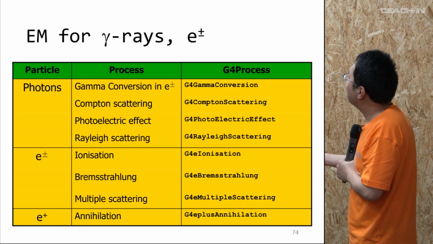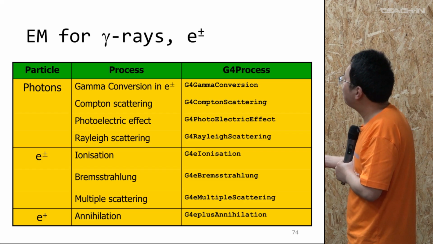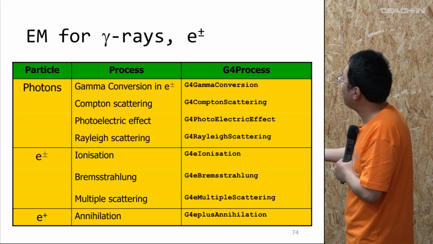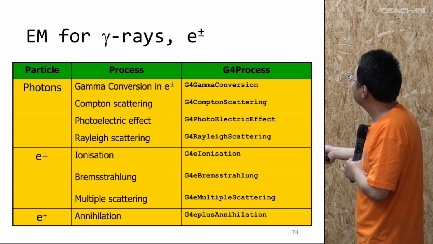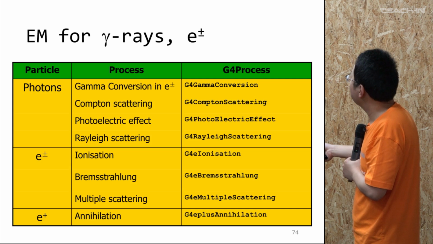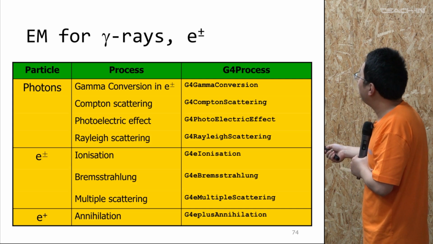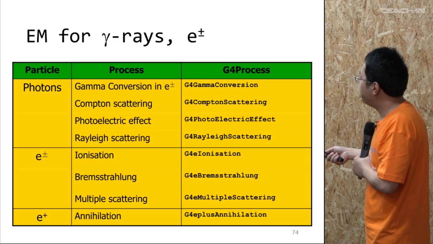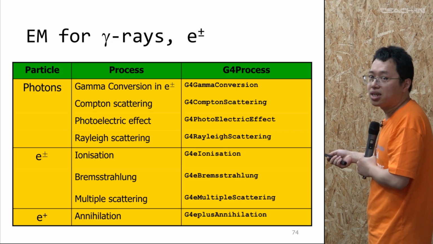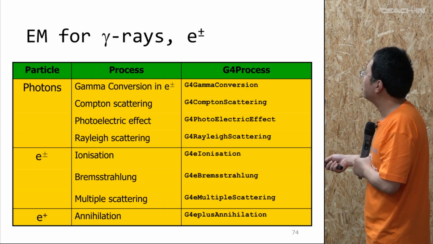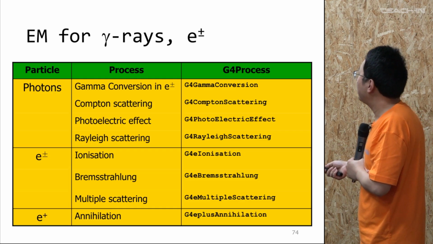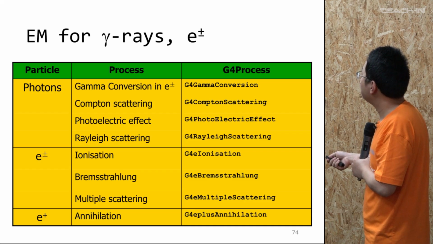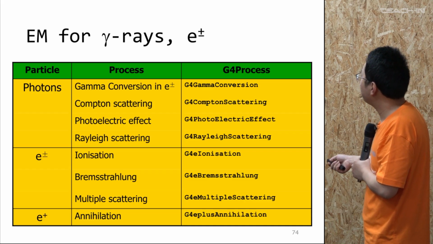And for the positron and electron, we have all this ionization and multiple scattering. These processes are actually shared for positron and electron. But for the positron, it also has the annihilation. So you can see you have to register an additional process here.